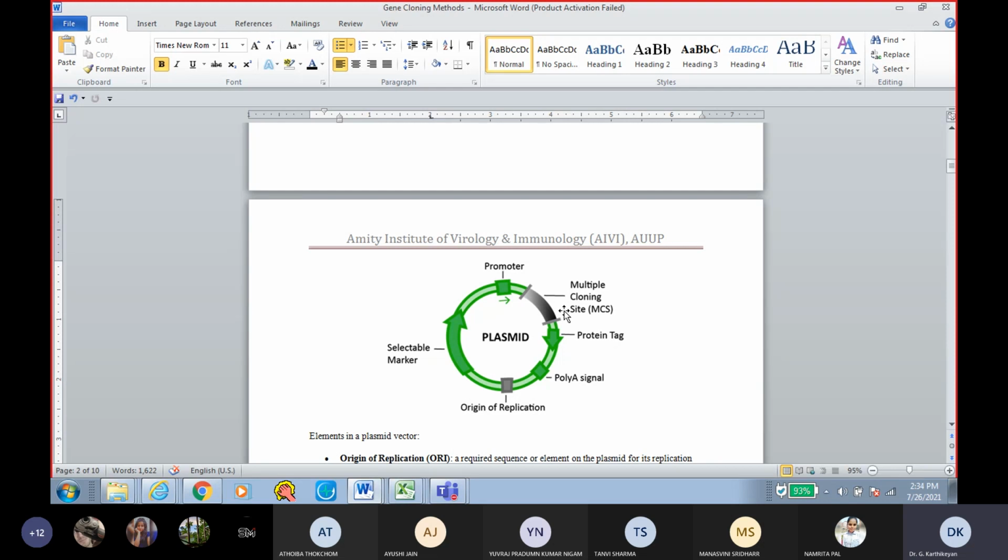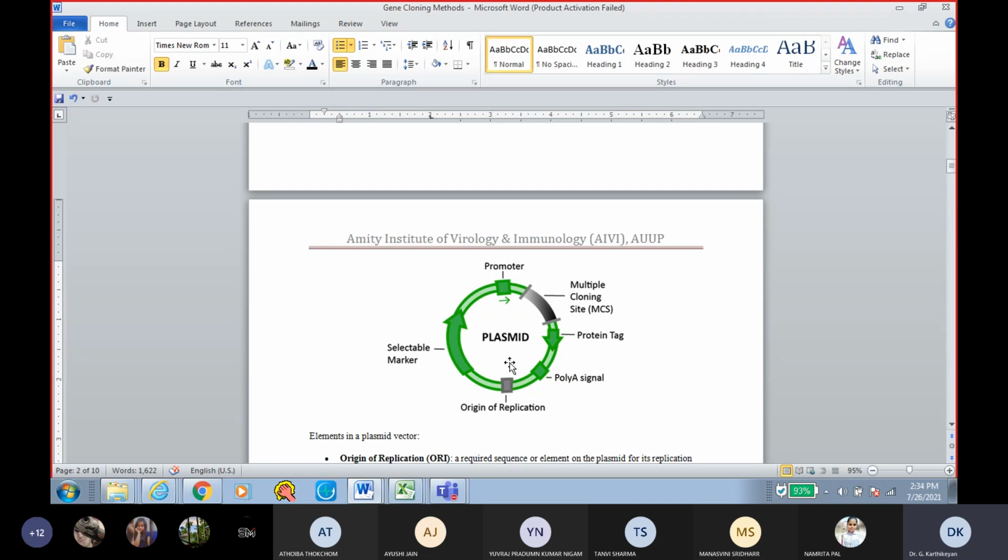Then followed by this, there could be a protein tag, or there may not be a protein tag. It doesn't matter, and it may contain a polyA signal. These are all used for your expression vectors. We'll come back and see what an expression vector would mean, what a cloning vector would mean. Hopefully we'll start in this class or in our next class.